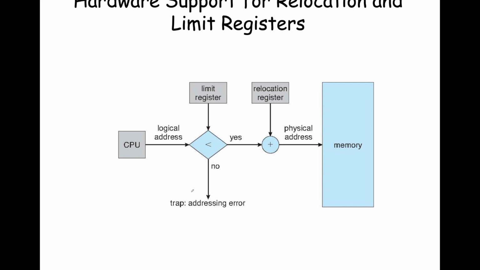You get a core dump, segmentation violation. If it is less than or within that limit for the block of memory addresses for that process, then it goes ahead, looks at the relocation register, and maps its logical address using that relocation to create a physical address that it then uses to access that particular physical address to get that code or data from memory.